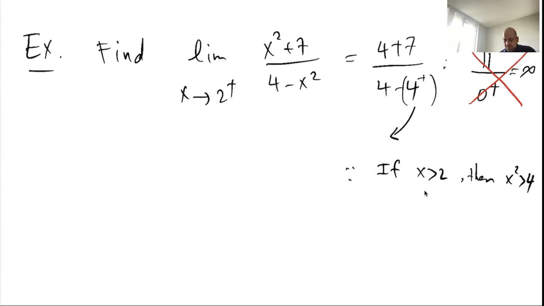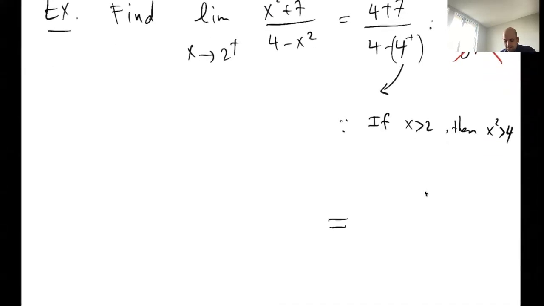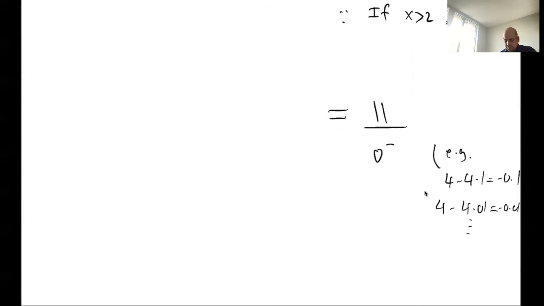So this one I have to write it as, maybe I can write here, 11 over 0 minus. For example, I can write 4 minus 4.1 is minus 0.1, or 4 minus 4.01 is minus 0.01, and so on. So 11 over 0 minus, we saw that the answer is minus infinity.